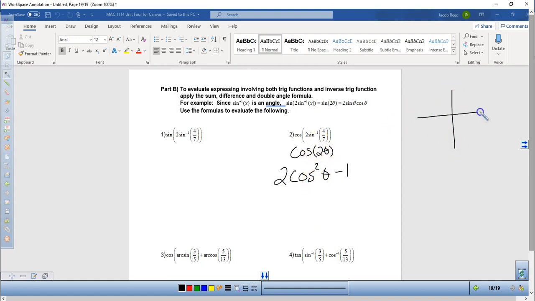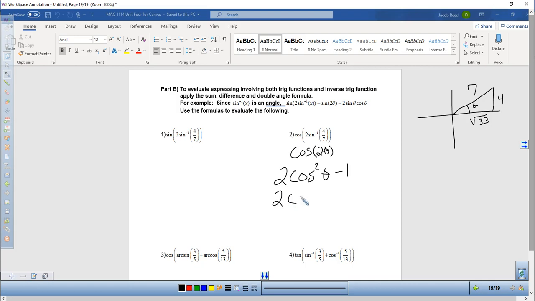Here's my picture. Sine was 4/7, and that means this is root 33. So I need the cosine, which is root 33 over 7.